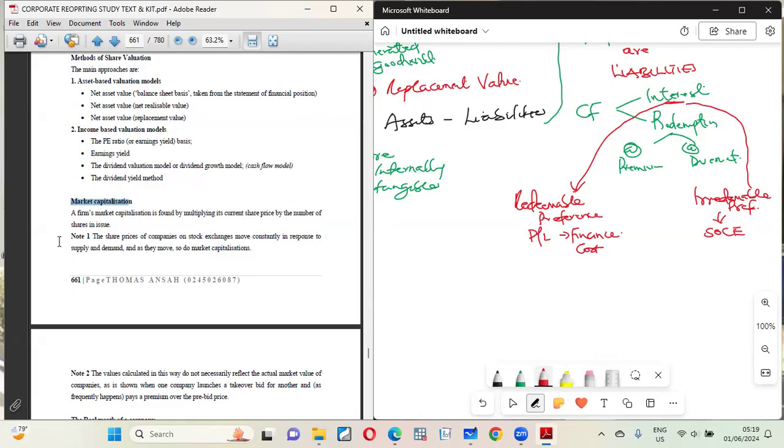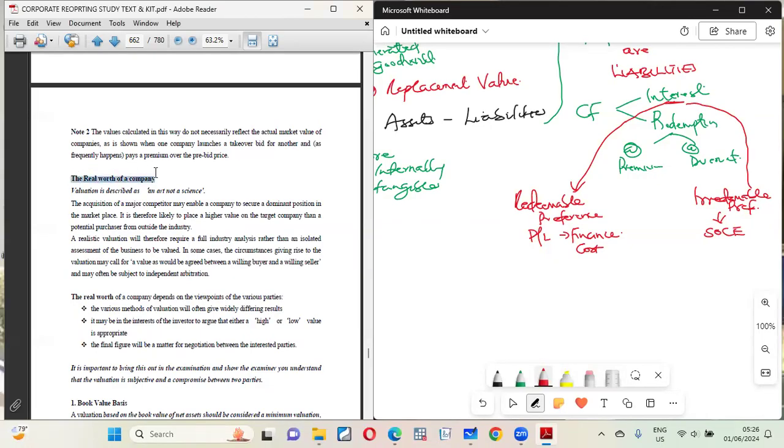So what I'm going to do is multiply the price per share by the total number of shares that I have in the company. Then I get the value of the company in total. All right. So that is that.